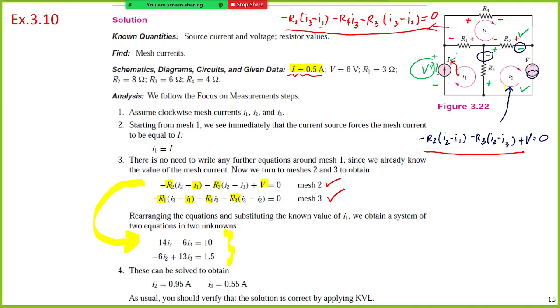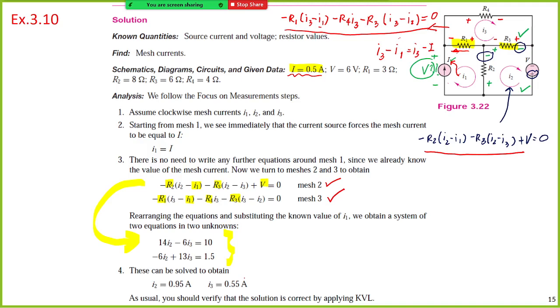You know the current in this mesh and in this mesh. After that, we can get the current flowing in each branch. For example, if we would like to know how much current flows in this branch, it will be I3. In the R1 branch, it will be I3 minus I1, and I1 is I, so this will be I3 minus I, for example.